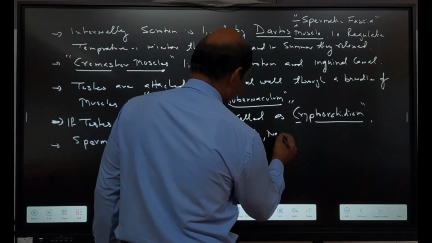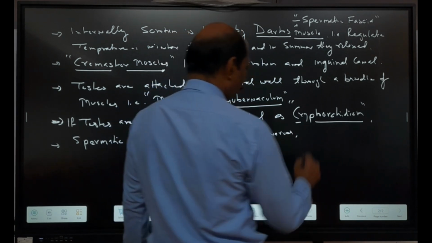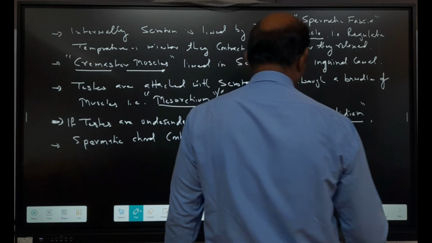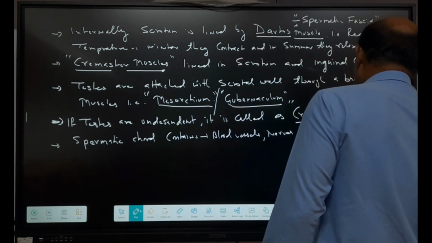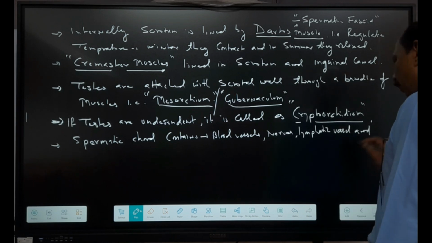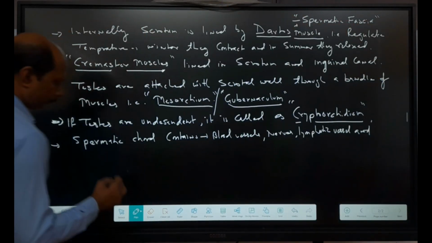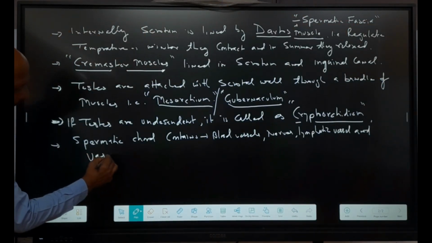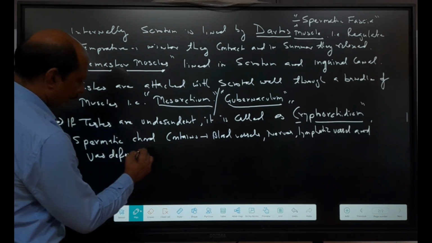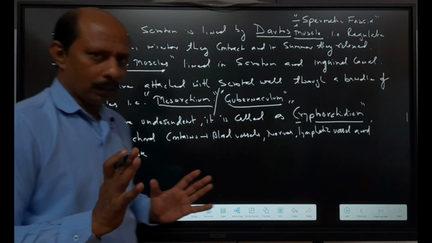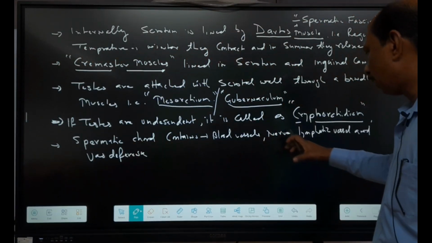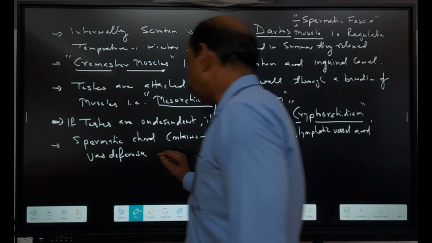Another nerves, lymphatic vessels or lymph vessels, and also vas deferens. Another one is our vas deferens, right? That means they are interconnected. Spermatic cord contains blood vessels, nerves, lymphatic vessels and vas deferens.